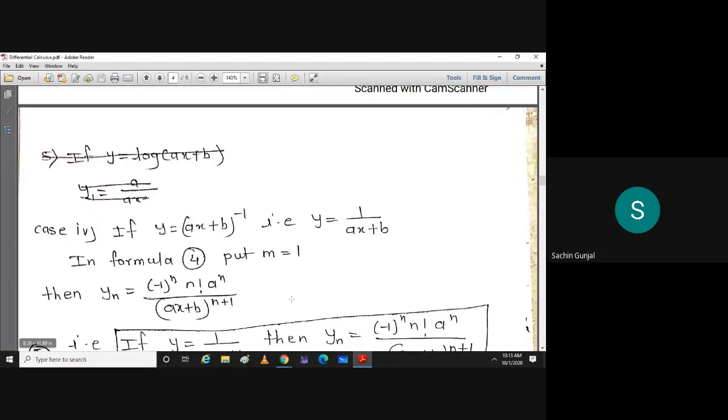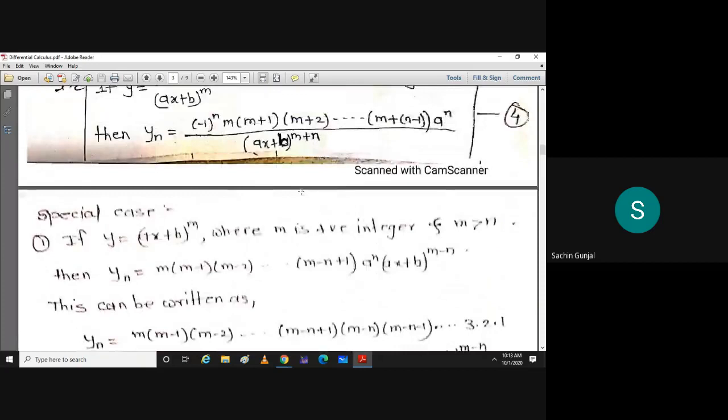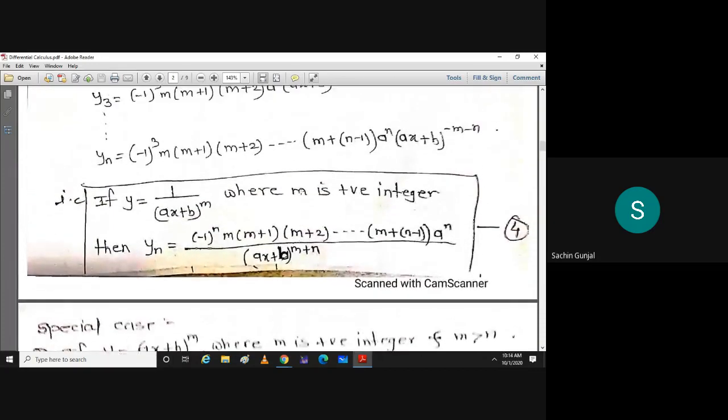So let us find the particular case of y is equal to ax plus b raised to minus m, where m is 1. Let us go back to that case. Tell me, if y is 1 upon ax plus b, what is its nth derivative?